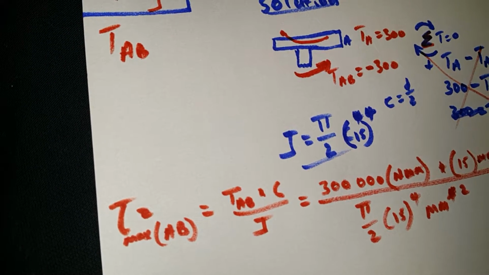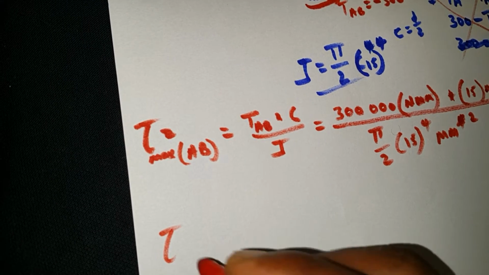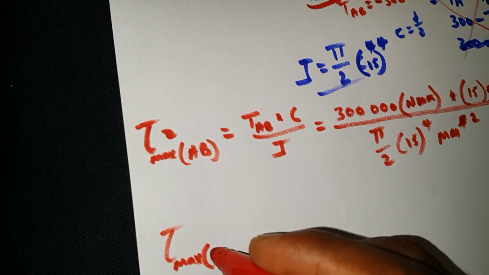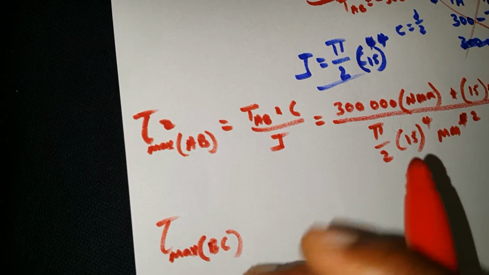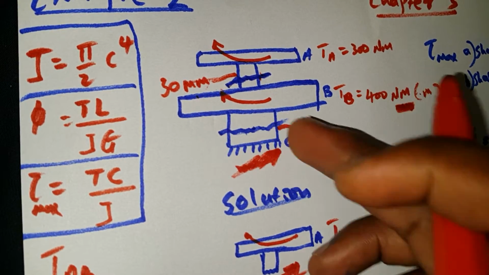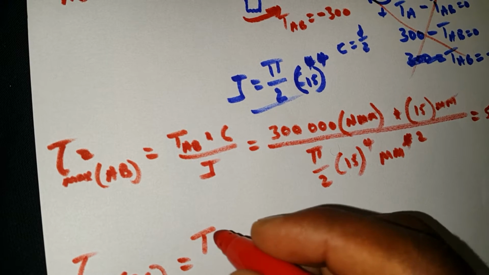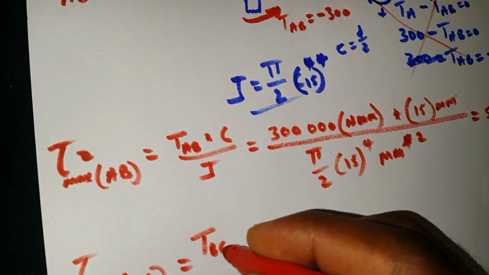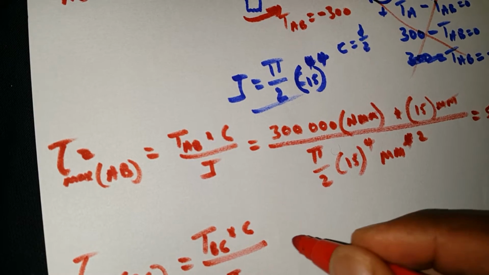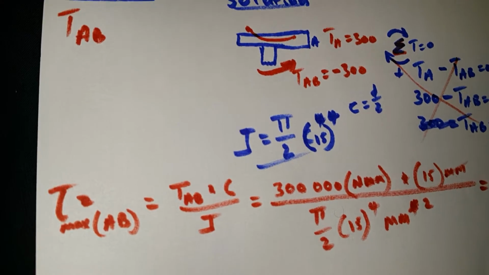Then we come and say that our maximum shear stress at point BC, we are looking for BC. So here is the same formula, T multiplied by C all over J. So from here, what is our T?